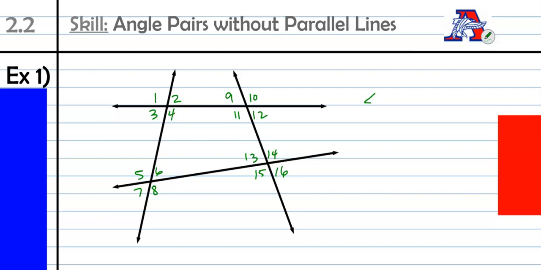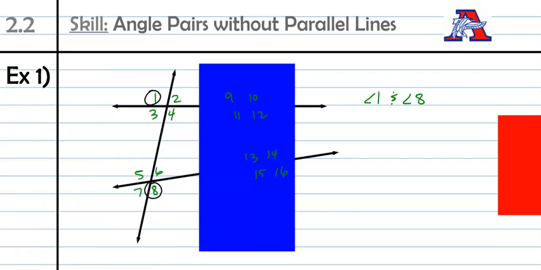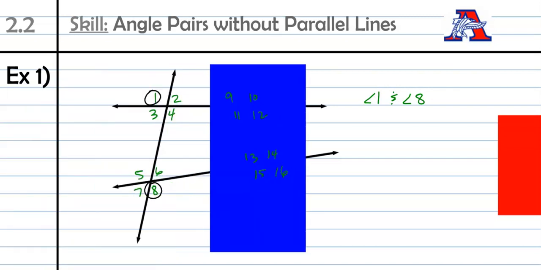So if I asked you, what is the relationship between angle 1 and angle 8? Okay, so what you're going to do is you're going to find those two angles. Now, they're both on the left side of the diagram, so you can ignore everything on the right side.